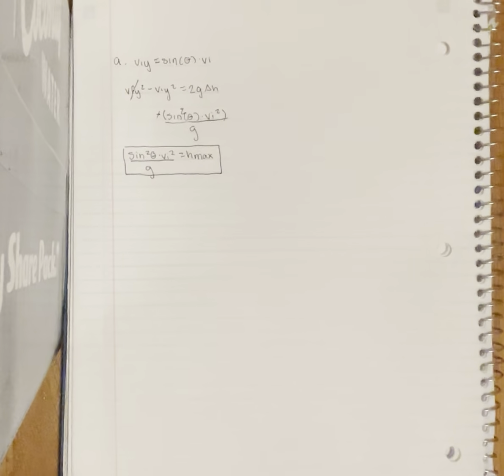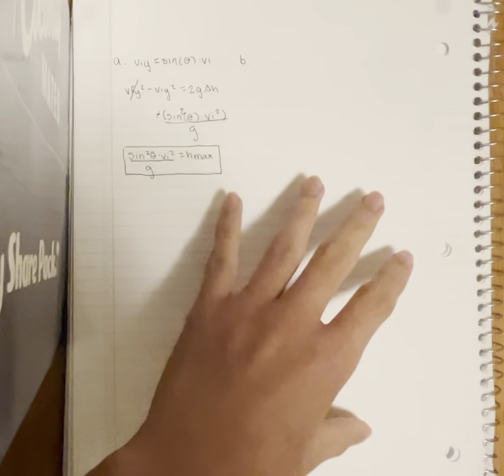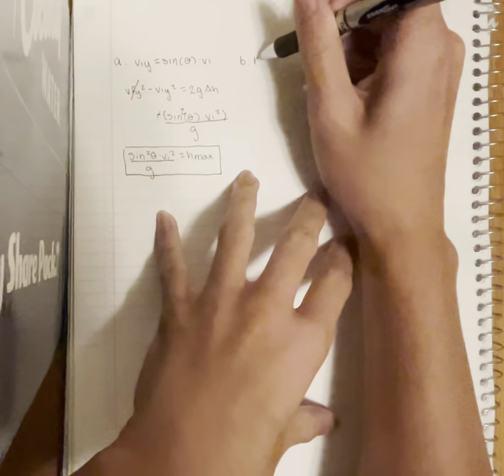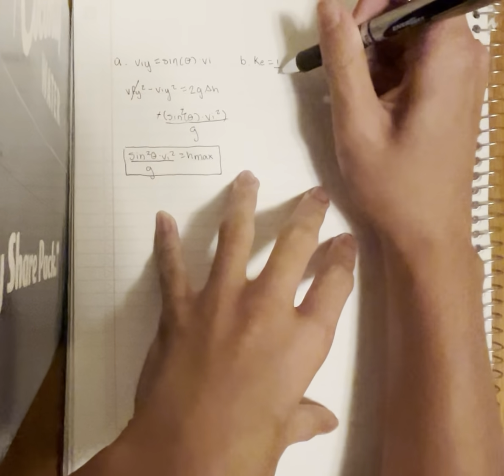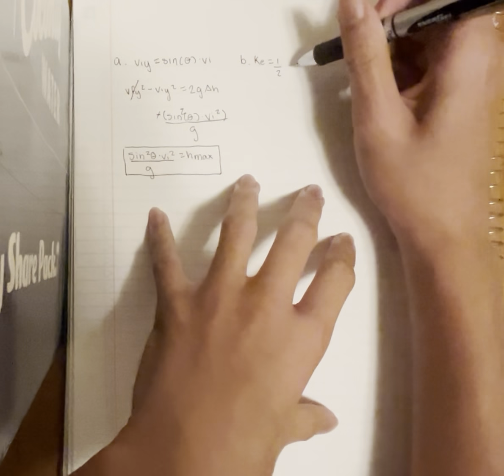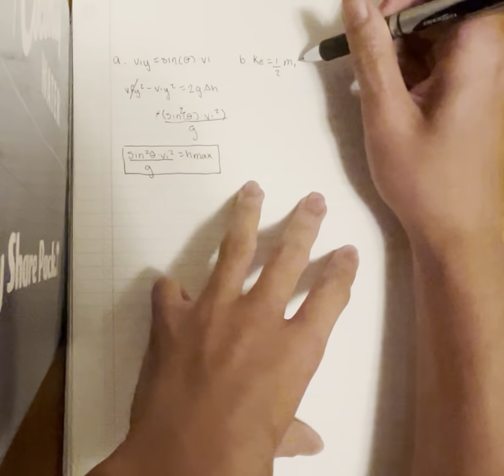And now on to question B. It says, determine the kinetic energy of the dart just before it strikes the block. We know that since there's no viy at h max, which is when it hits, there's only vx. So the formula for kinetic energy, KE, is equal to 1/2 m1 v squared, where I'm calling the dart m1 because it's the first mass represented.